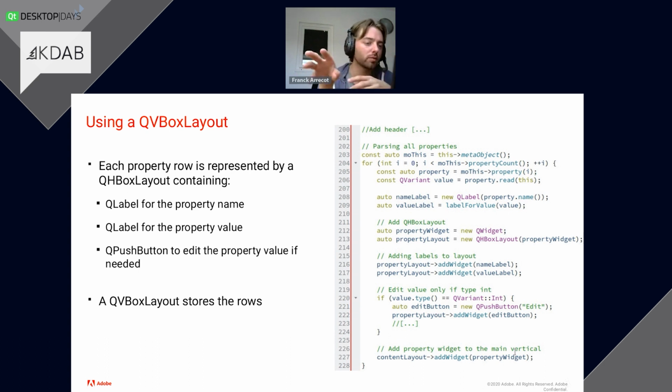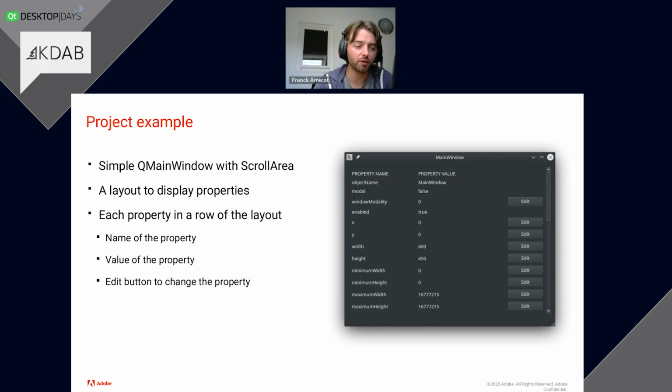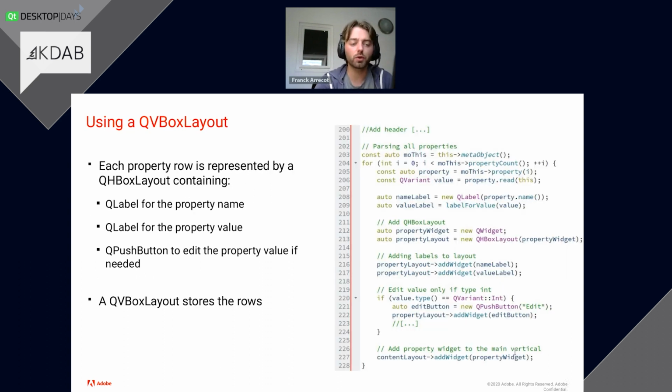I stripped off the noisy parts that are not really relevant. For instance, the header that you can see with property name, property value, it's not shown here, but it doesn't matter right now. We're going to talk about it later. For now, what we want to focus on is, okay, first there is a loop. We're going to parse each property of the QMainWindow.